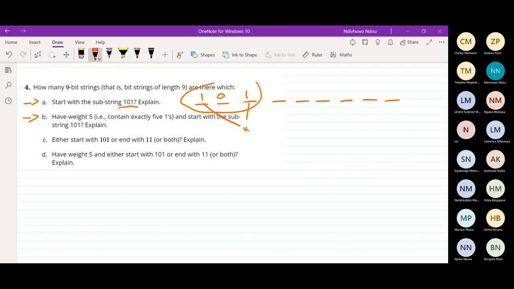So out of the other 6, I'm left with 3 ones. Then I say 6 choose 3 as the answer.